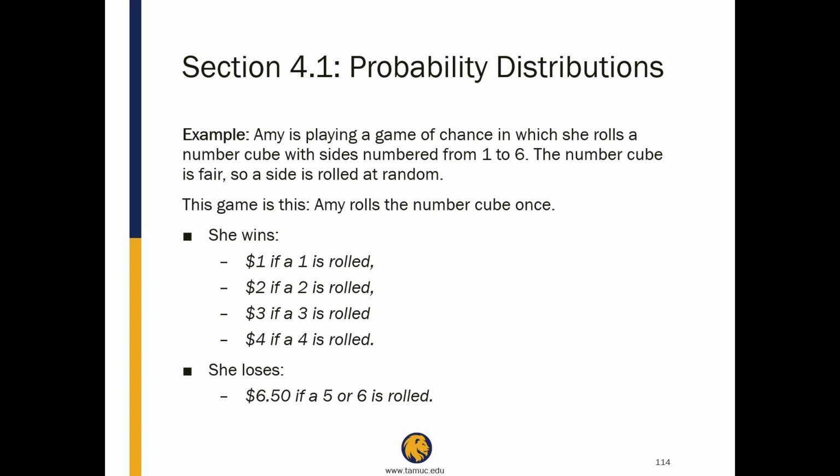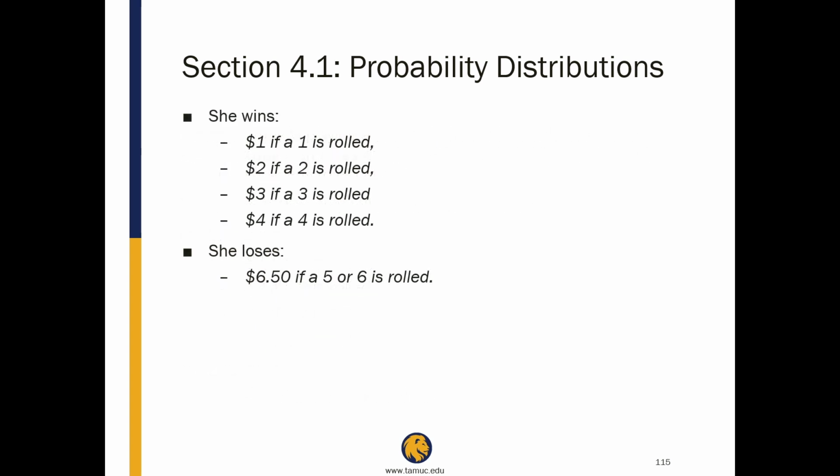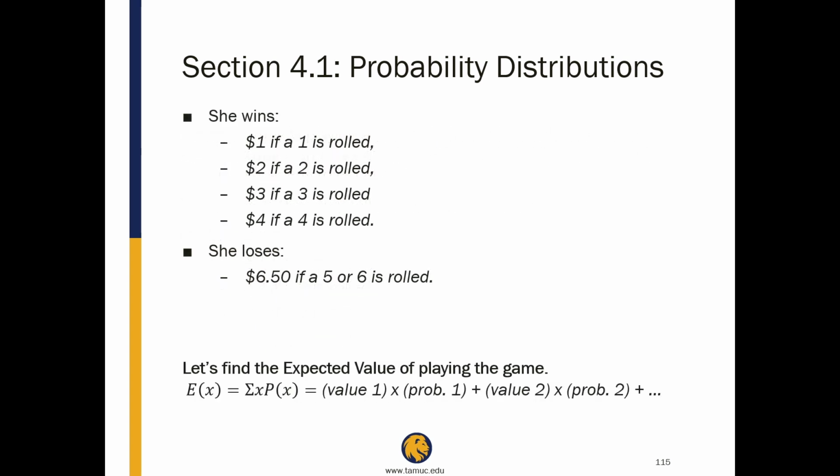So in this case, we have our values, which are the money winnings, and the probabilities we can also calculate to go with those values. Let's look at that. So first off, we're going to find the expected value, where we need to take the value times the probability plus the value times the probability, and we add them all up together. So starting out with probabilities, let's write those down. For a 6-sided dice, the probability of a 1 is just 1 out of 6.